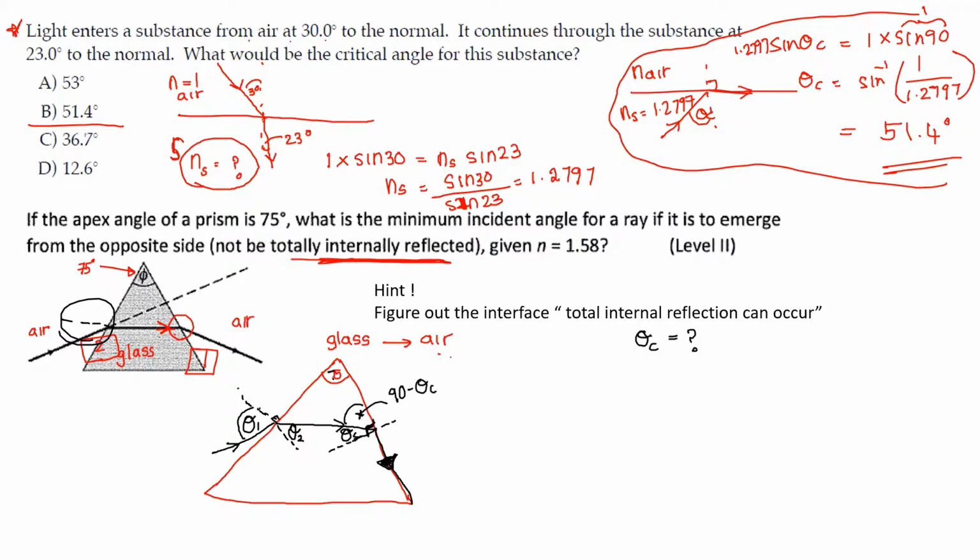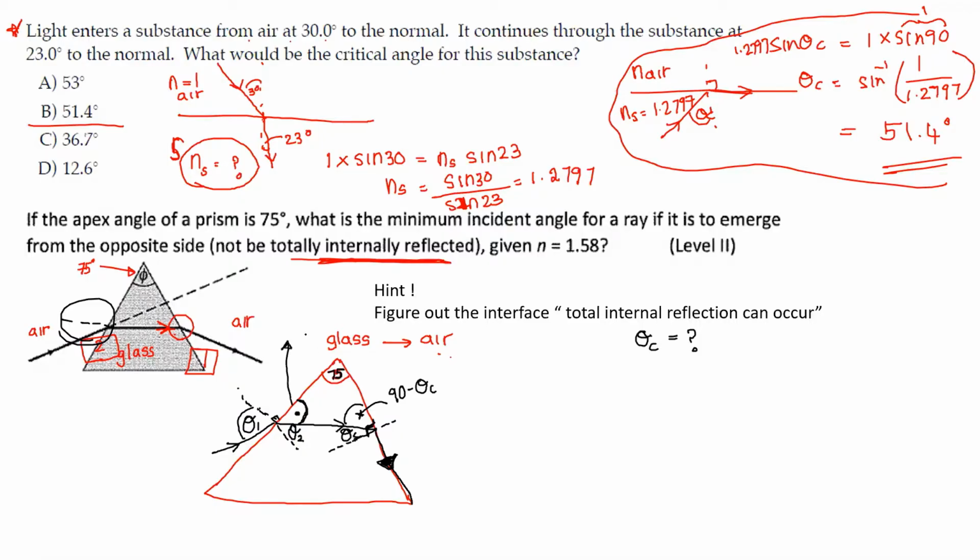So this is 75. They have given it in the problem. This apex angle is 75. This is 90 minus theta c. Can you tell me this angle? What should this be? This is a triangle, right? This is 90 minus theta c, this is 75. Can you figure out this angle?